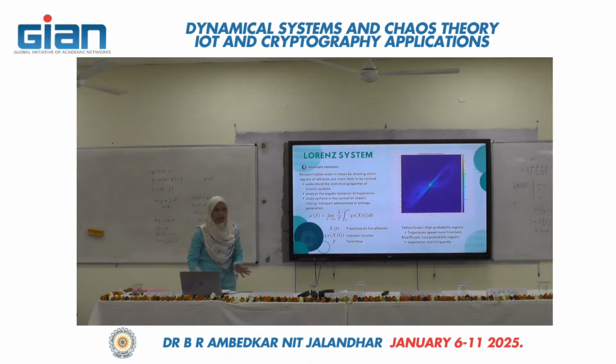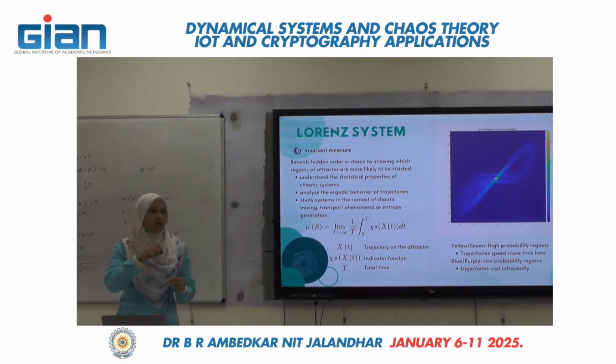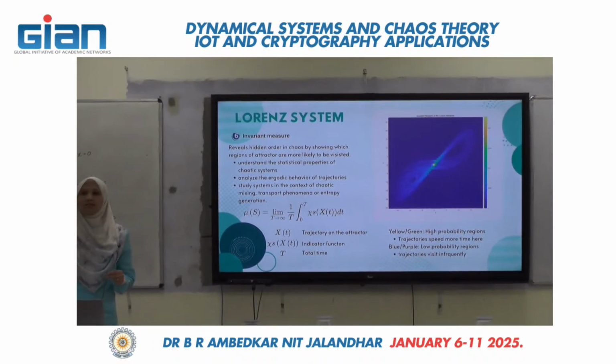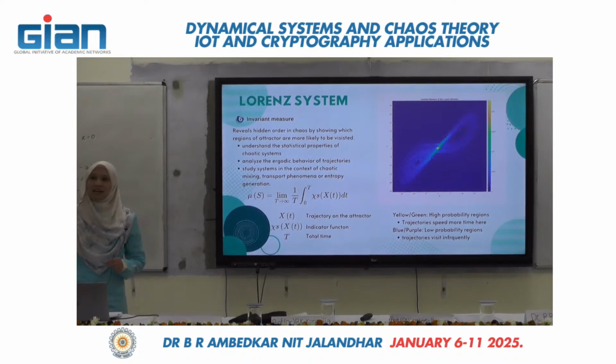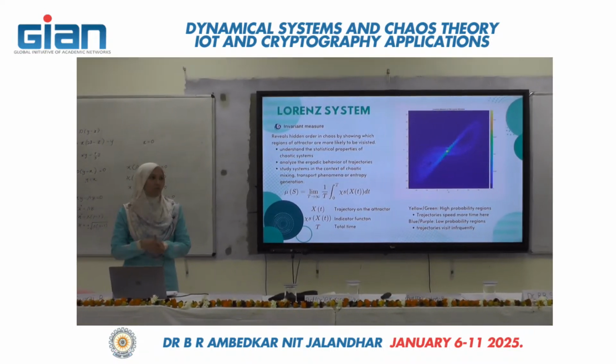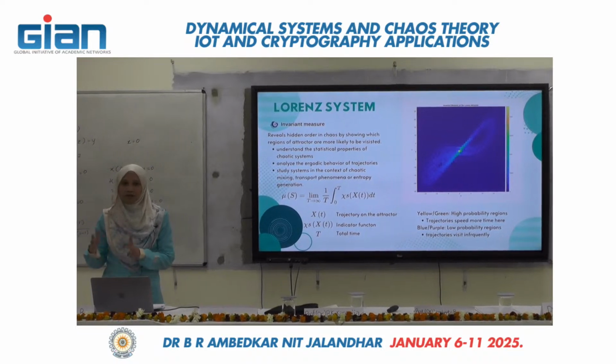So we already covered the fixed point and checked the stability. You need to remember the eigenvalues are very important. Then we went to the bifurcation diagram, where you need to know the hallmark of chaos. That is very important. The third one is the limit cycle and strange attractor. We need to check the phase space you are drawing: is it predictable or chaotic?